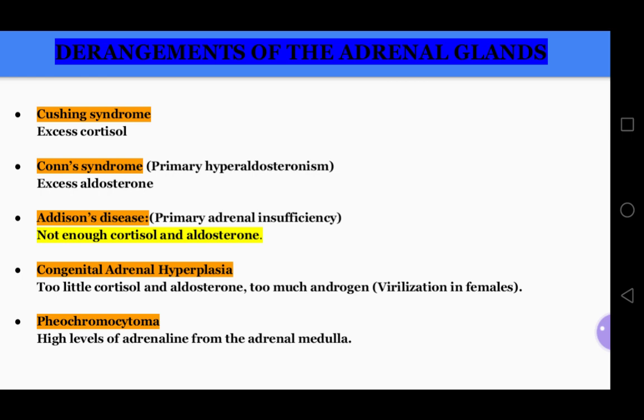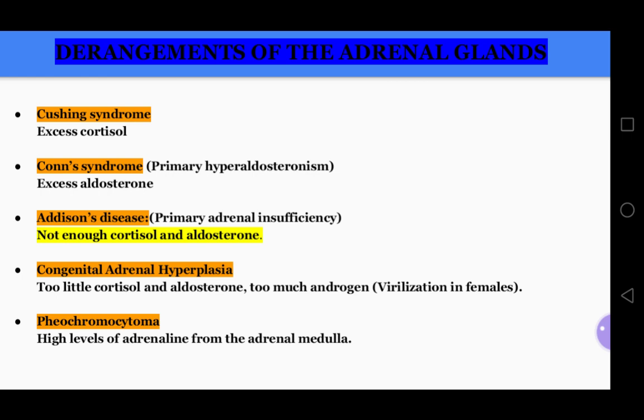There are different conditions which can be seen if there are derangements of the adrenal gland. The first one is called Cushing syndrome. This is because of excess cortisol. Then there is Conn's syndrome, which is also known as primary hyperaldosteronism.